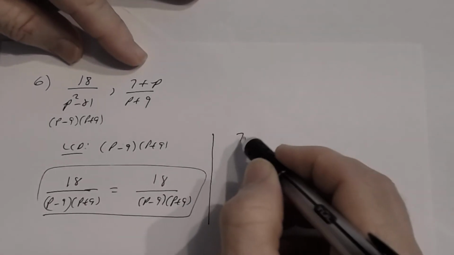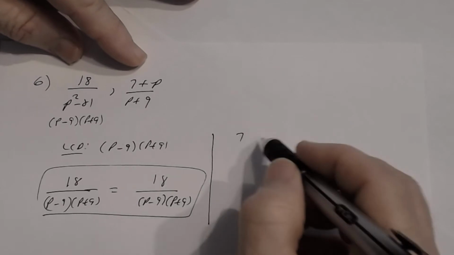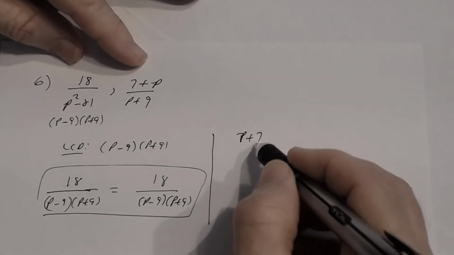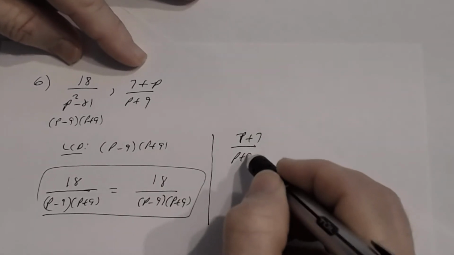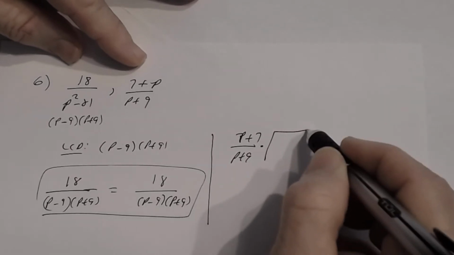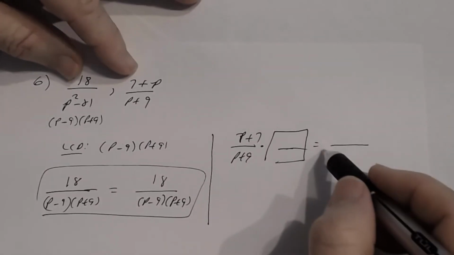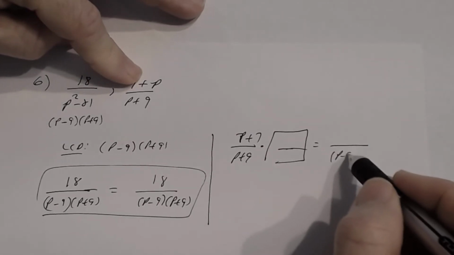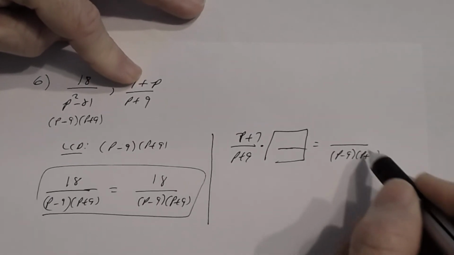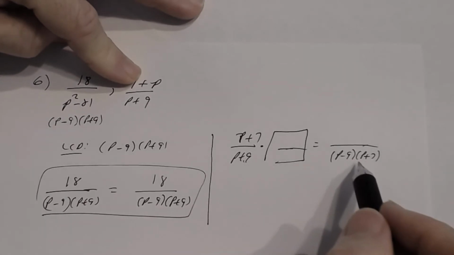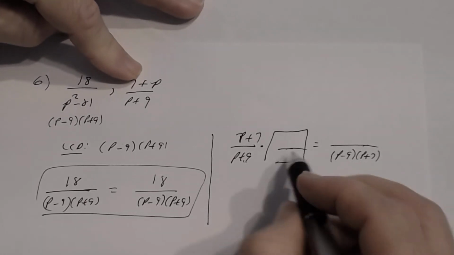And then over here, 7 plus p, I'm going to write this as p plus 7. So p plus 7 divided by p plus 9. I know that I'm going to have to multiply that by, so remember you want a denominator that's p minus 9 times p plus 7, right? So I already have the p plus 9. I need the p plus 7.